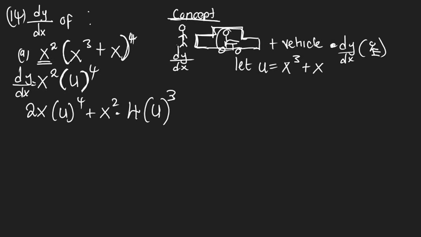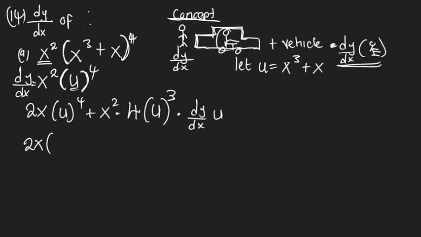Then remember what I said. You now multiply by dy dx of the person who is inside the vehicle. So what's inside the vehicle? So we now find dy dx of whatever is inside the vehicle. Dy dx of u. Now let's do the replacement. So this is going to be 2x.